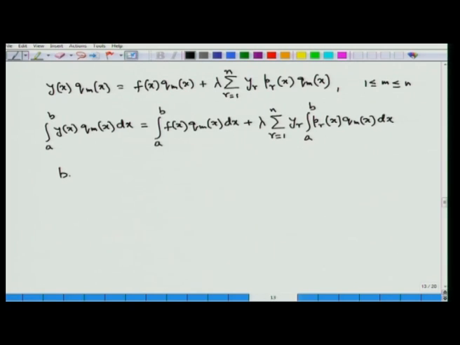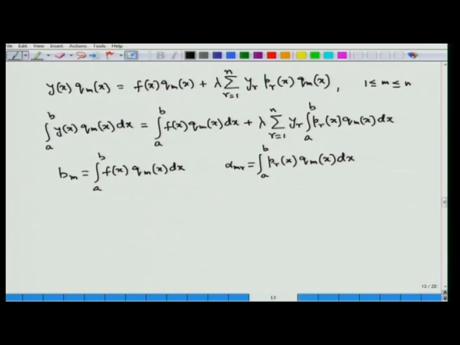Now, we need two notations for integral a to b f(x) q_m(x) dx and integral a to b p_r(x) q_m(x) dx. We denote by b_m the integral a to b f(x) q_m(x) dx, this is the definition for b_m, and the integral a to b p_r(x) q_m(x) dx is defined by alpha_mr.